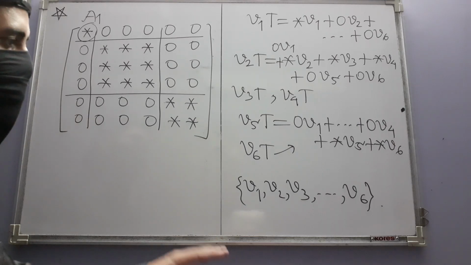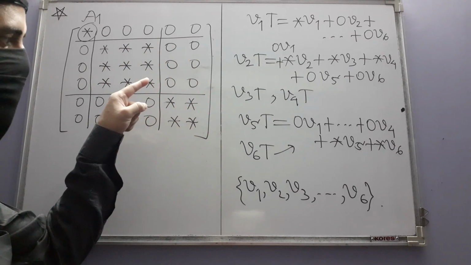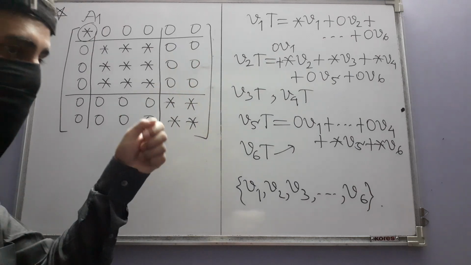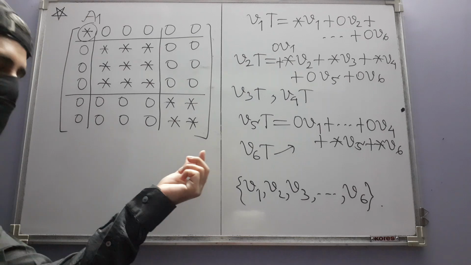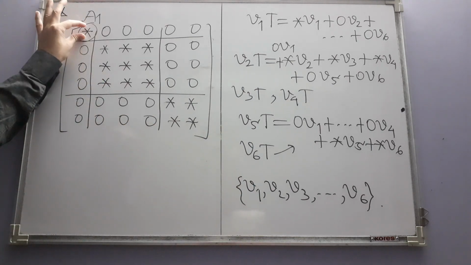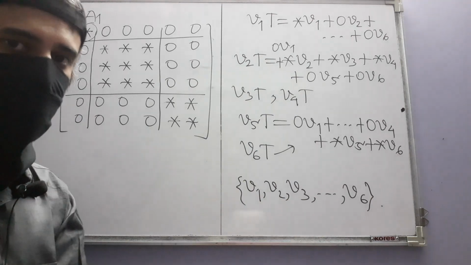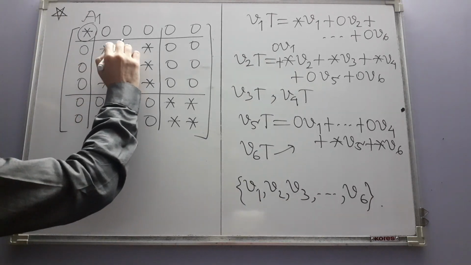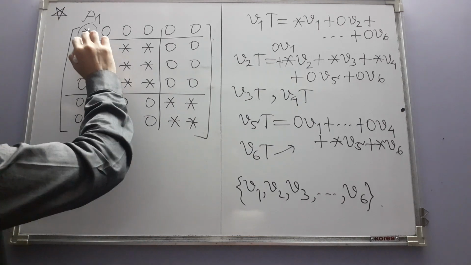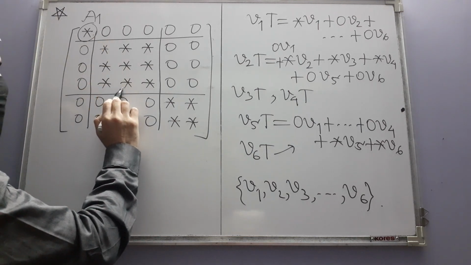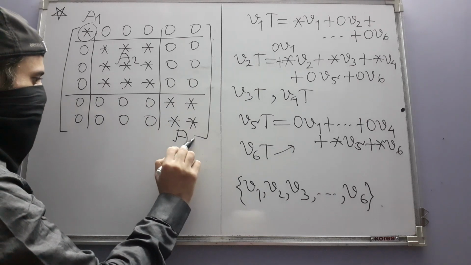And in fact, if one is thinking about the matrix of the operator that T induces on V1 with respect to the basis that is V1, this is the matrix of the operator T induces on V1. This one is the matrix of the operator T induces on V2. It's a 1 by 1 matrix. This is a 3 by 3 matrix. This is A2. This is a 2 by 2 matrix A3.